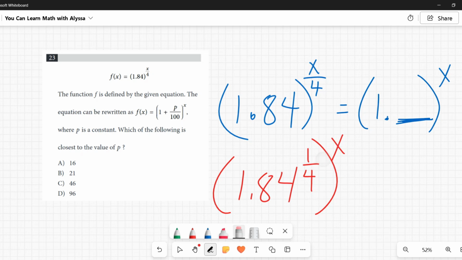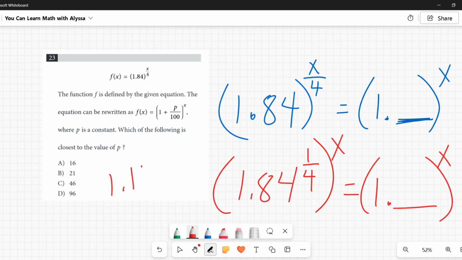Okay, let me try to get rid of that red highlight. I got rid of my parentheses too. I knew that would happen. So now I know 1.84 to the power of 1/4 to the power of x equals 1 point something or other to the power of x. All I need to do is type in 1.84 to the power of 1/4 into my calculator, and I will get 1.16467. Here it's asking which of the following is closest to the value of p.